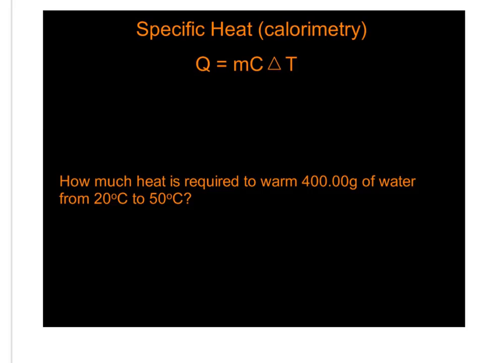All right, specific heat. Let's label these. This is Q. This is your energy, and it's measured in joules. M is mass, in grams. C, that's specific heat.